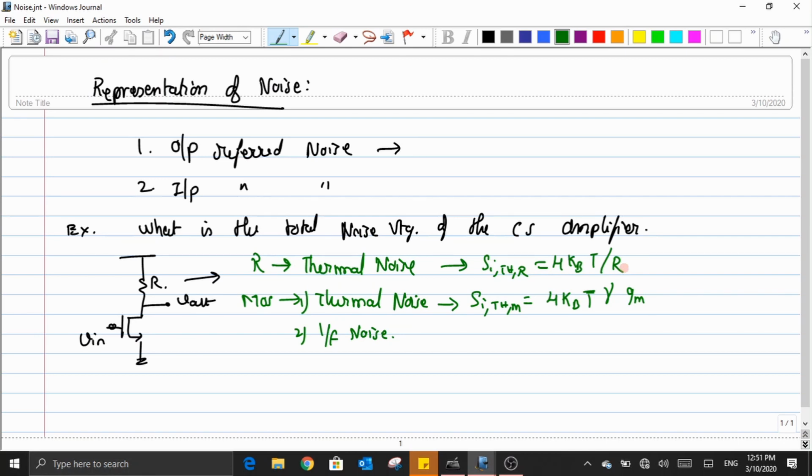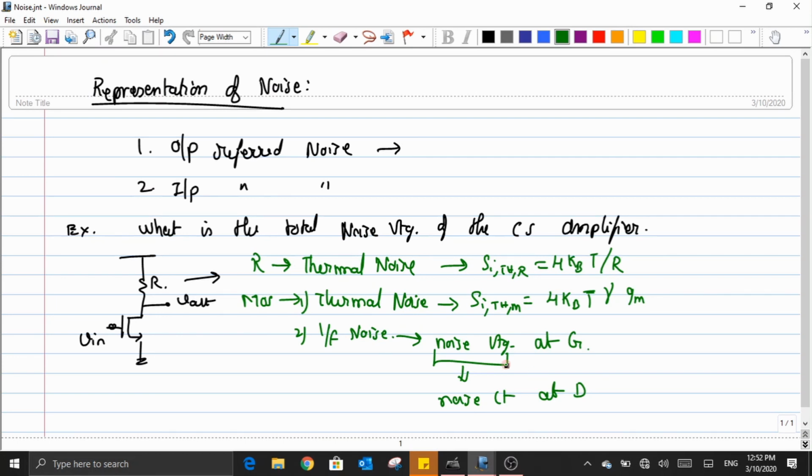But when it comes to flicker noise, the flicker noise by default will have a power spectral density in terms of voltage, the voltage at the gate terminal. That gate voltage has to be converted into a current component at the drain. Flicker noise is always modeled as a noise voltage component, but we want to convert this noise voltage at the gate into a noise current at the drain.